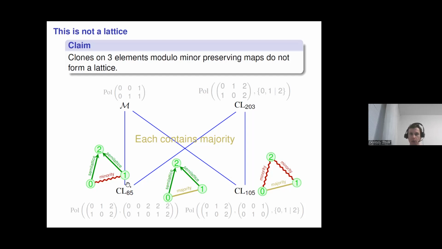And now imagine that we want to calculate a join of this and this. And this join should still be in our lattice, so it should still be on a 3-element domain. And okay, we can write identities corresponding to this operation, to this operation, to this operation, and to majority. And then in the join, all these identities should be satisfied.